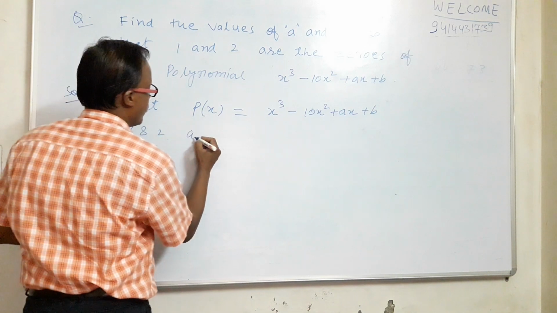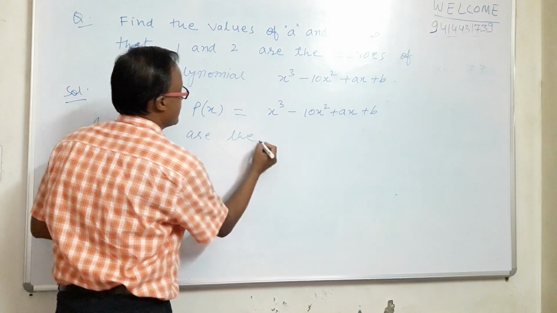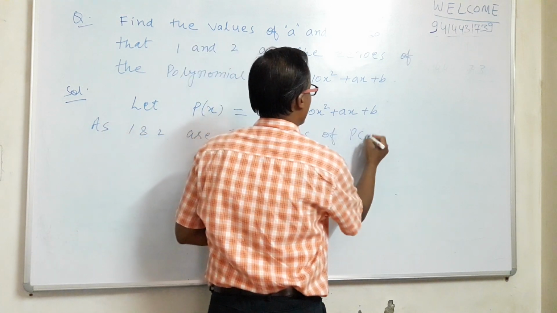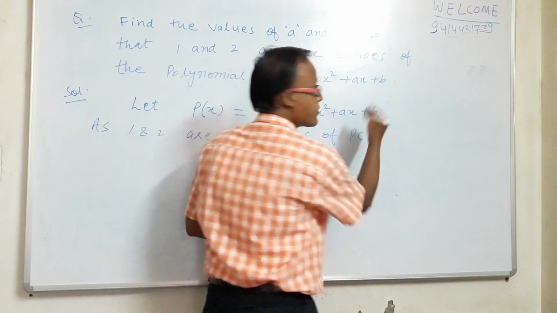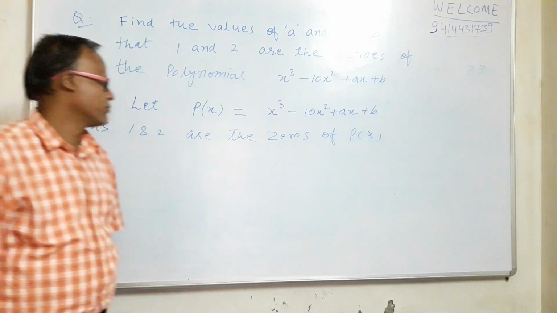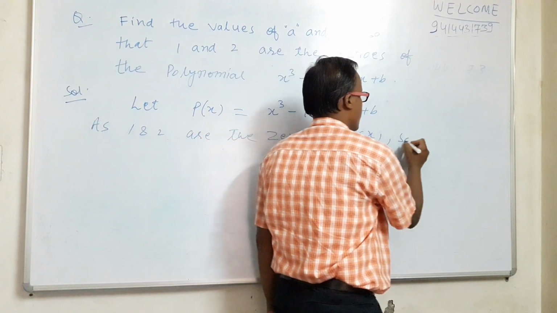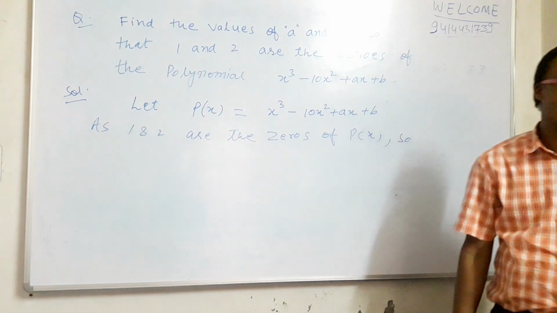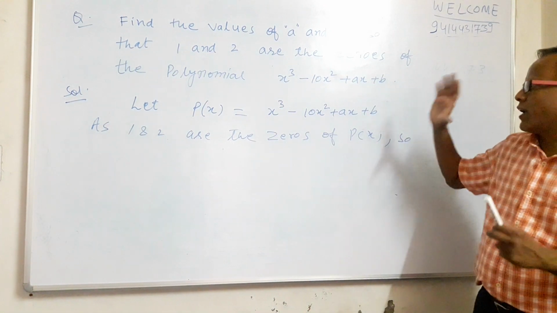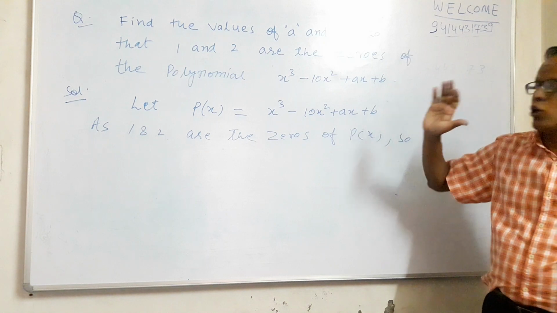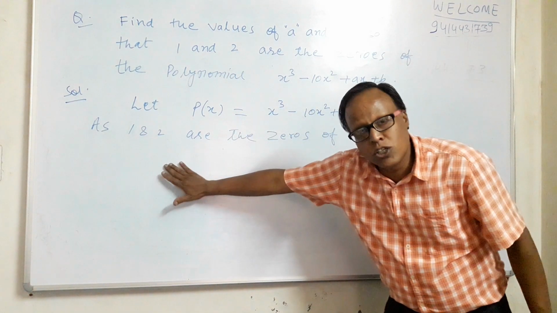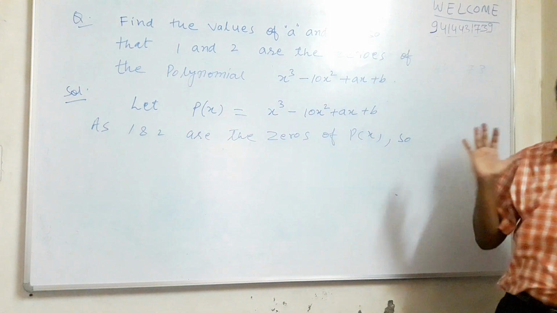Since 1 and 2 are the zeros of the polynomial, so what we will do? If 1 is a zero of the polynomial, so P(1) is equal to 0, and 2 is a zero of the polynomial, so P(2) is equal to 0.